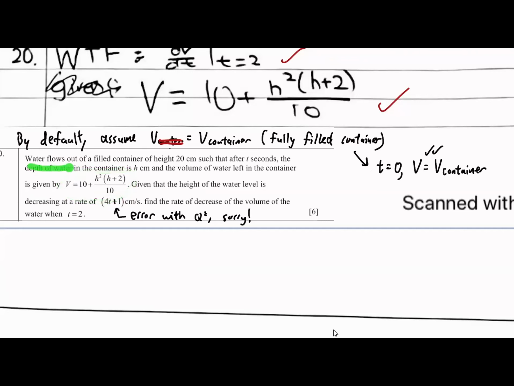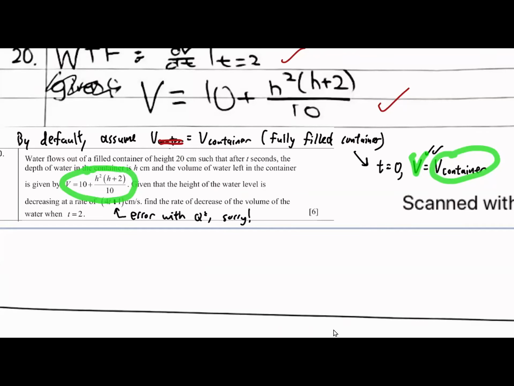If the container is fully filled with water, what would be the height of the water? It will be the same as the height of the container, which is 20, right? So that means the volume of water here is the same as the volume of the container. This is the formula for volume of water with a changing height.